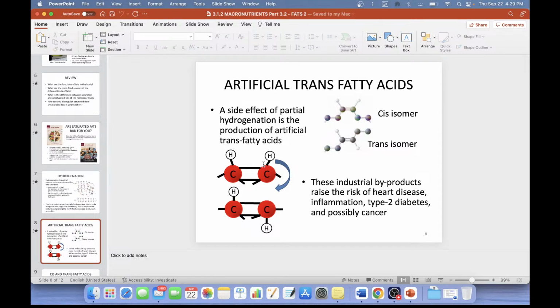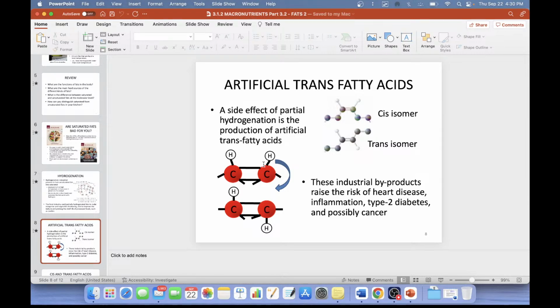So when you break the double carbon bond, it is possible, and it does happen, that instead of the dangling bonds from the carbon atoms attaching to hydrogen, the molecule flips over, gets twisted, and reattaches the double bond in the trans configuration. That is a trans fatty acid. So that's another diagram that shows a cis isomer, and that's the trans isomer.